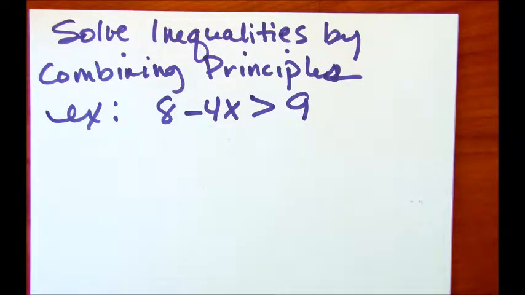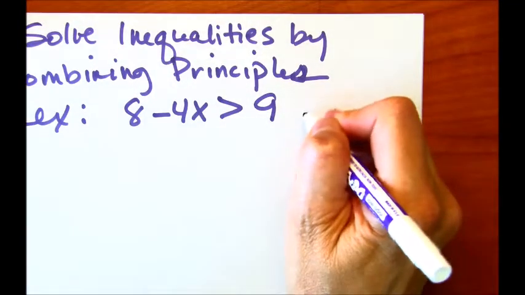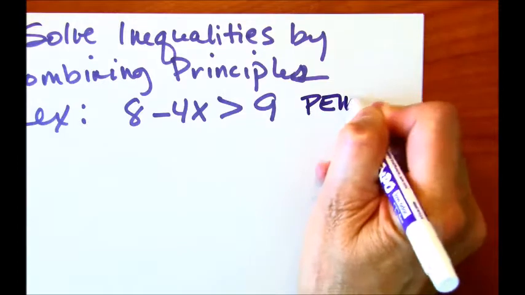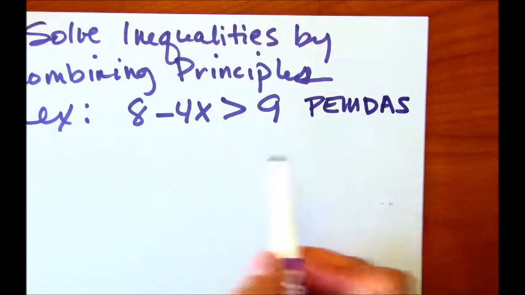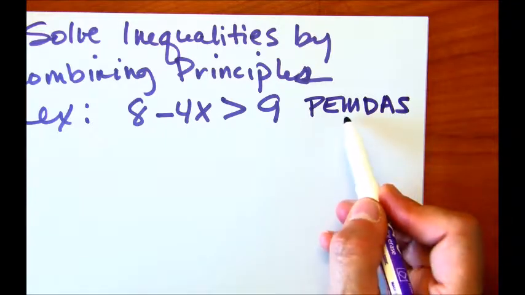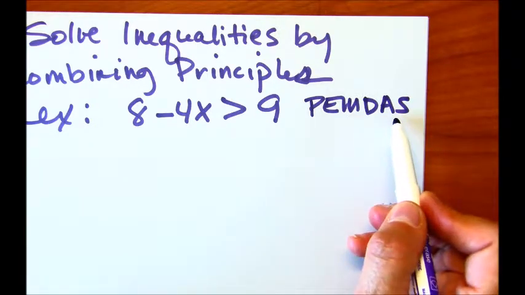Okay, now like in previous work when we were solving for an unknown variable, what we would do is basically use the opposite of the order of operations. If you write PEMDAS, it's a good way to remember the order. Normally you would do multiply and divide before add and subtract.